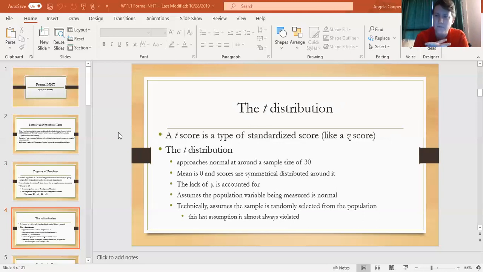So when you have a sample size of 29, that's a different distribution than 30, which is a different distribution than 42, etc. But it starts to get normal for a t distribution at approximately a sample size of 30. So that's why we like having larger samples. We start to get normal at about 30, and even more so is even better.